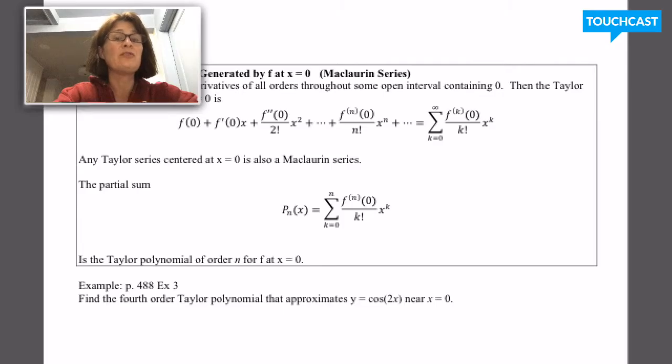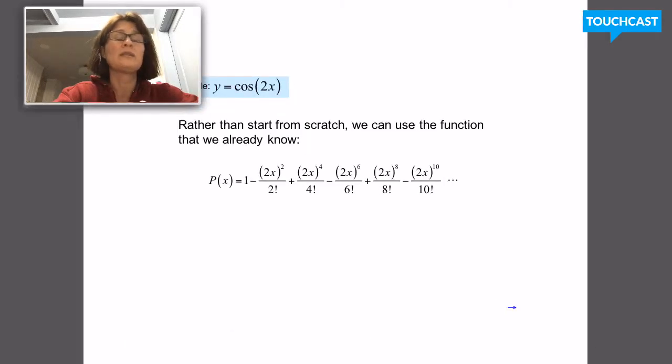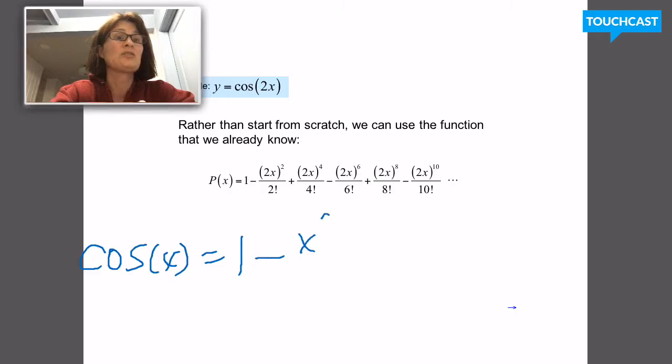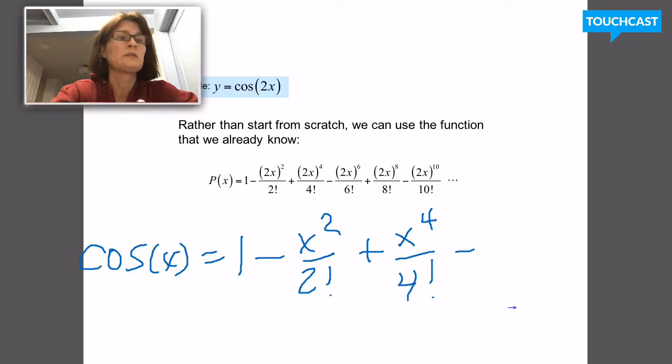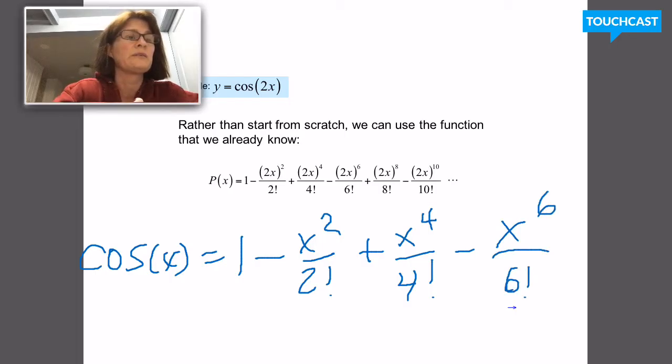So watch this. If you know the Taylor polynomial for y equals cosine of x, which I'll remind you, we just wrote it a second ago, for cosine of x, that's 1 minus x squared over 2 factorial plus x to the 4th over 4 factorial minus x to the 6th over 6 factorial.